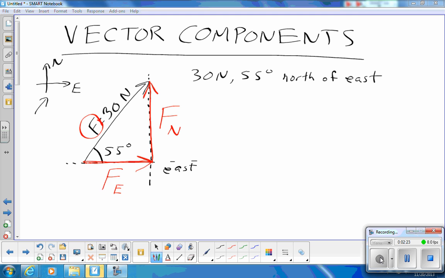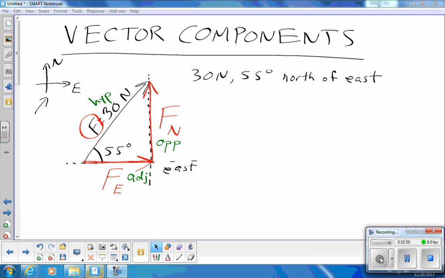If I want to make this look more like math class, I can give these sides names that are related to this 55-degree angle in here. The north component over here is the opposite side of the triangle. The east component is the adjacent side. And the original vector is the hypotenuse. So if I want to refer to formulas for math class, that's where those sides are.